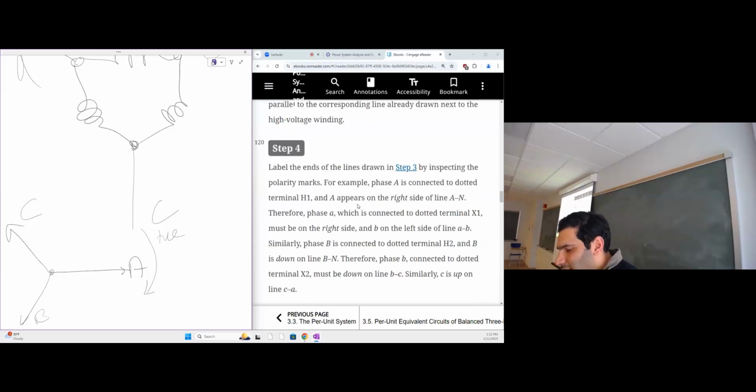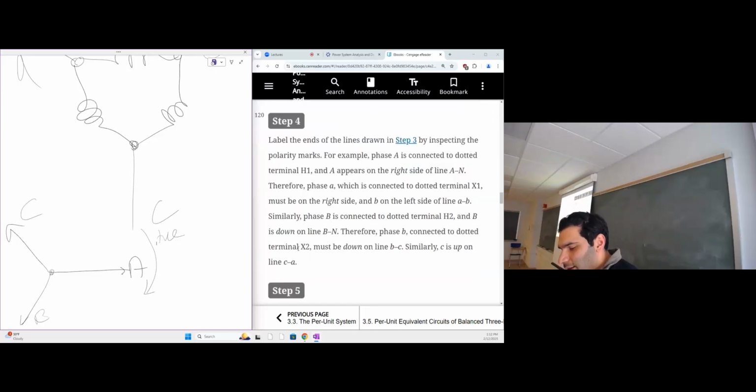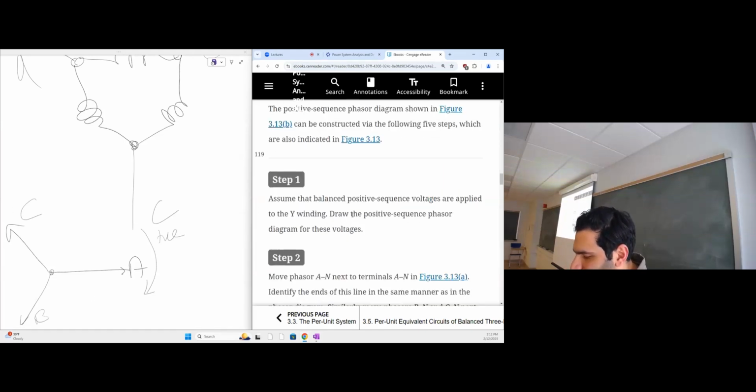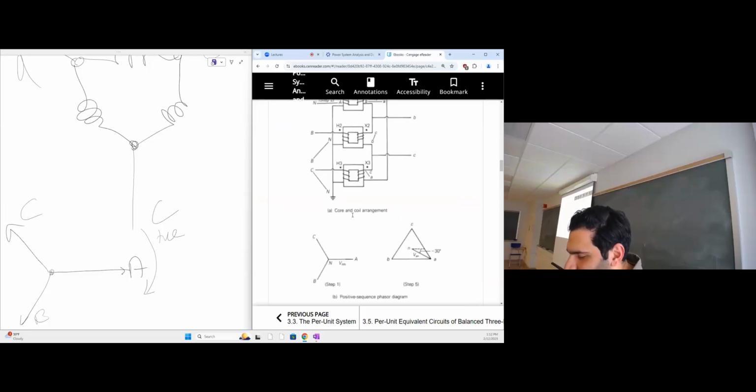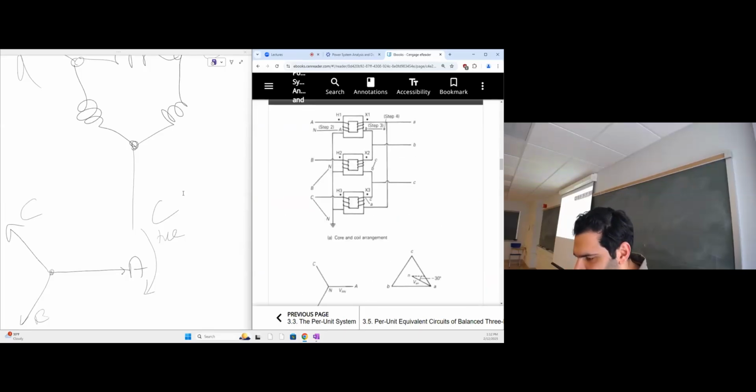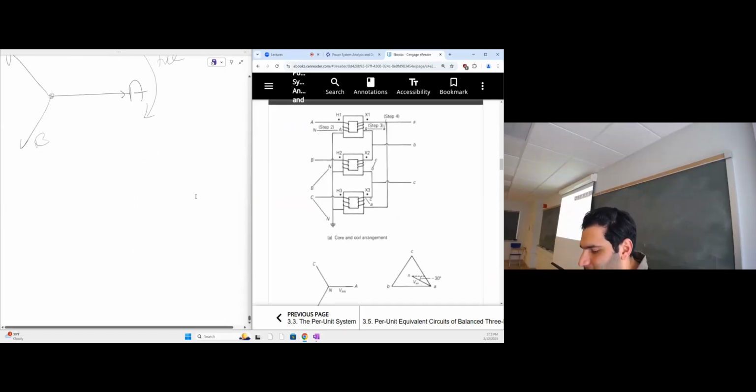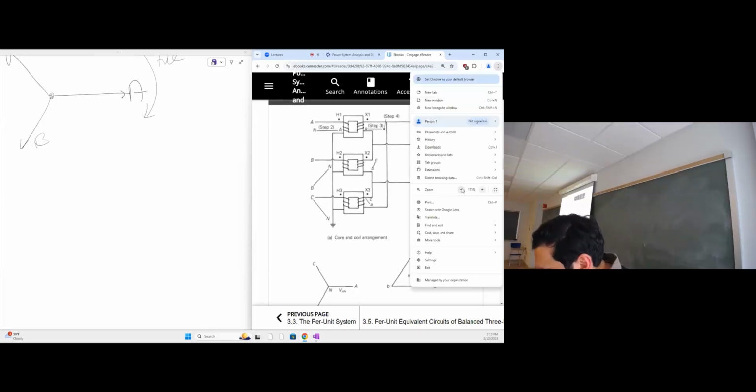They just tell you phase A is connected to dotted terminal H1 appears to the right, and that one appears to the left, and X2 must be down. We're not doing that. We could do it in a smart way, in an easy approach, which I learned from my previous professor. This is your origin. I think I should zoom out.